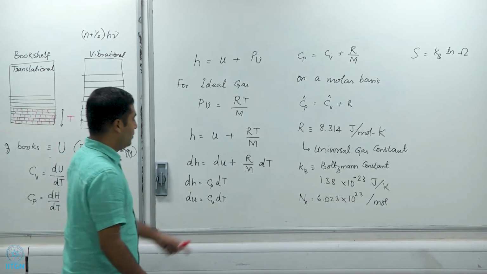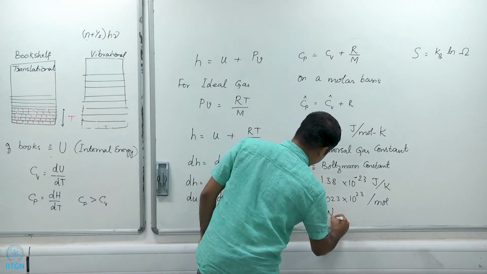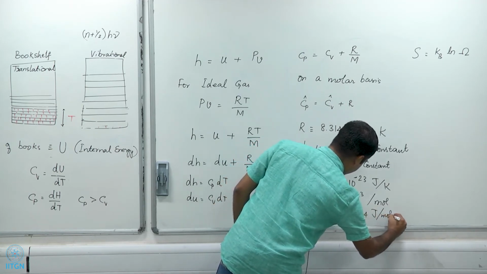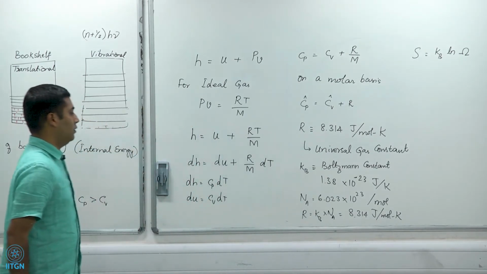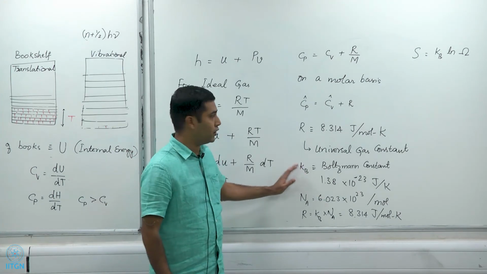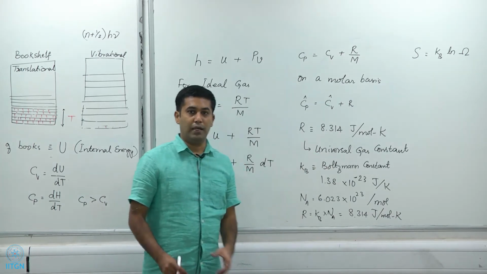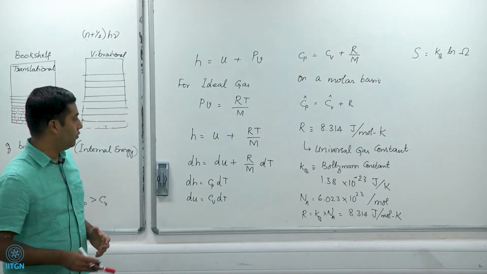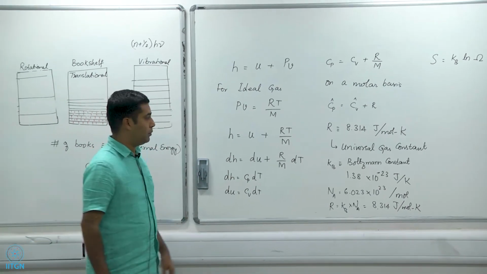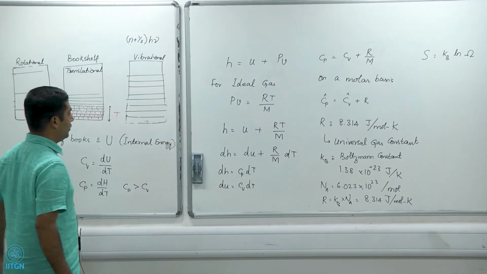When you multiply Kb with Na, you get R, so Kb multiplied by Na is equal to 8.314 joule per mole Kelvin. It's not necessary for you to know this at this point, but it's good to know that R is a universal gas constant that actually comes from the Boltzmann constant, 1.38 times 10 to the negative 23 joule per Kelvin, multiplied by the Avogadro number. Okay. Anyway, back to where we were.